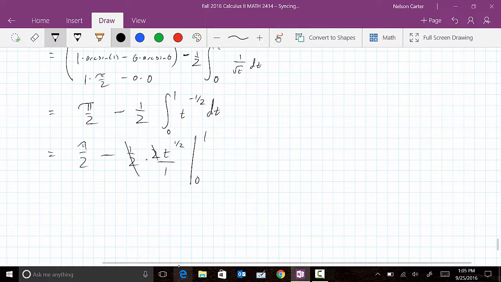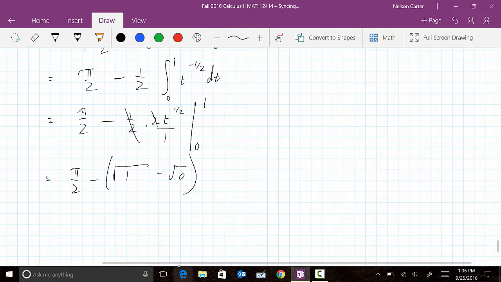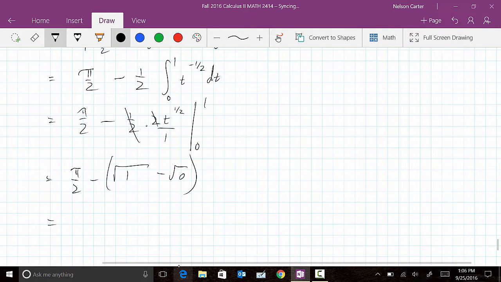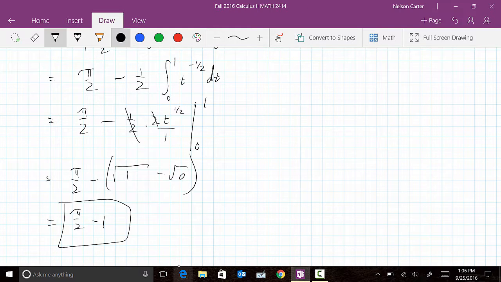The 2 and the 1/2 will cancel, and so we have pi over 2 minus the square root of 1 minus the square root of 0. So this whole thing is just pi over 2 minus 1, and that's our final answer.